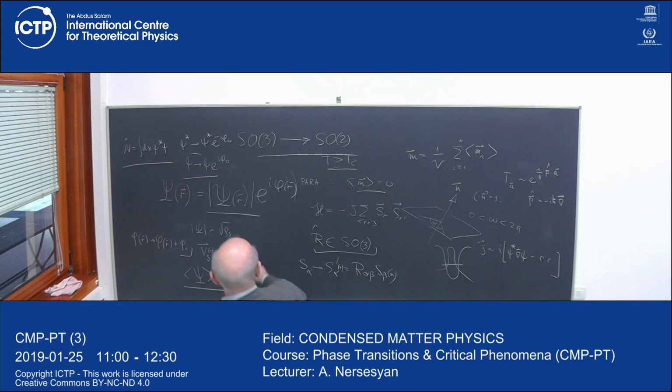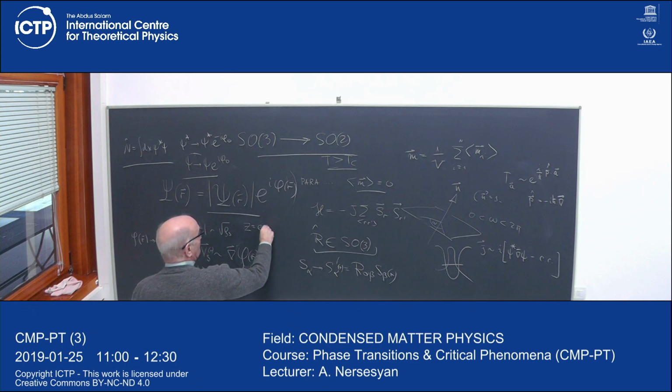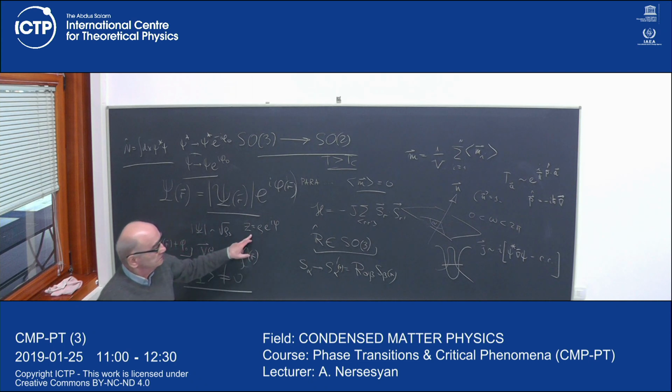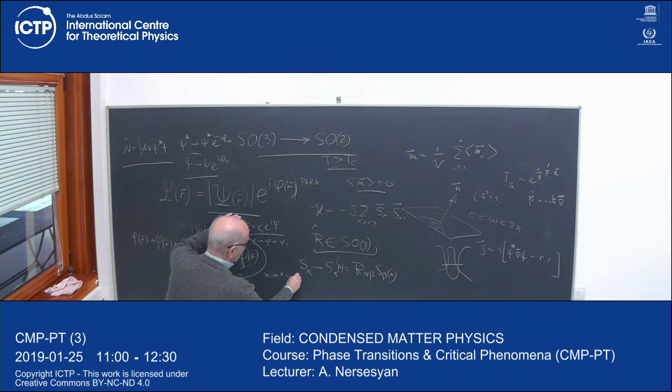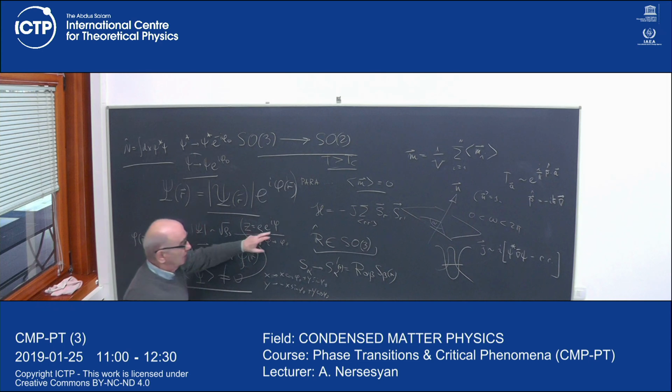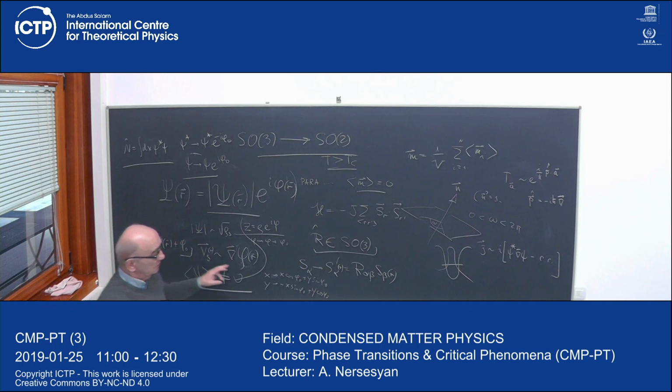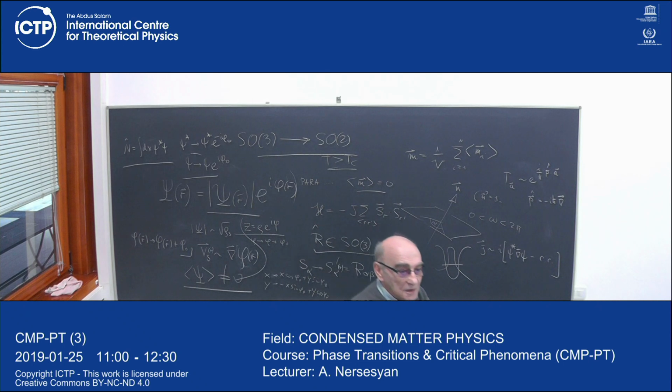Because if you have a complex number z, which is rho e^{i phi}, you can make a shift phi to phi plus phi naught, and from this you will simply show that x goes to x cosine phi naught plus y sine phi naught, and y goes to minus x sine phi naught plus y cosine phi naught. What I want to say is just the change of the phase is nothing but the rotation of the two components of a complex quantity.